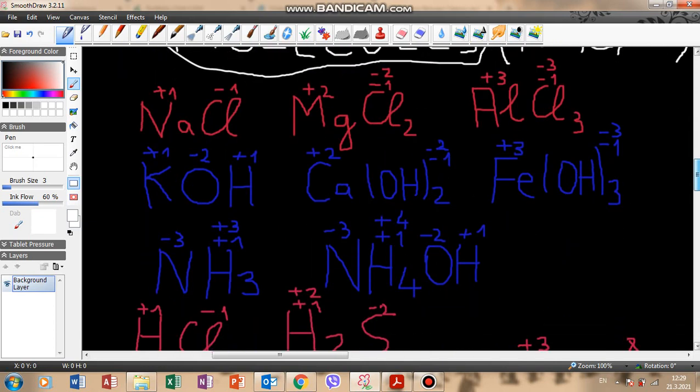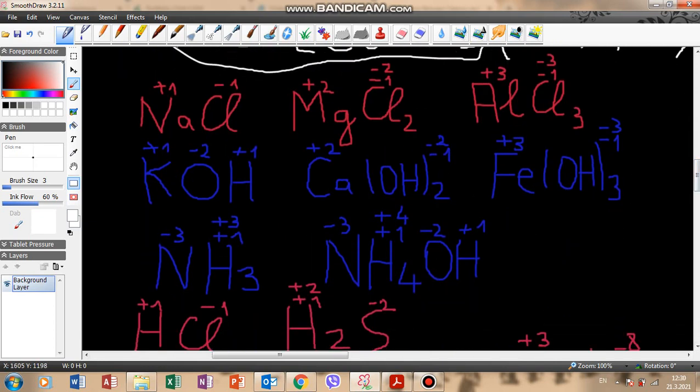And now I'm going to show you how to calculate the oxidation number or the oxidation state for any given element within its compound. Here we have some compounds, some salts, some bases, some acids presented.